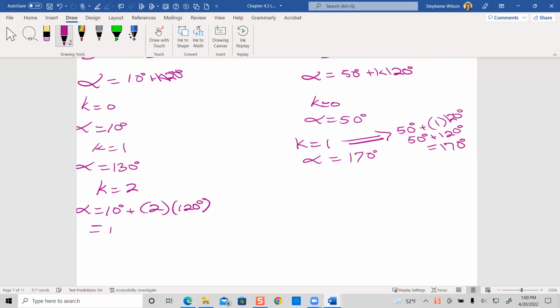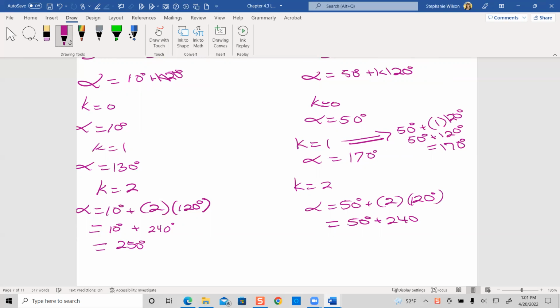All right, so now I got 10 degrees plus 2 times that 120, which gives me 240, and then we add it, and it gives me 250. Over here, we're going to let k equal 2, and alpha is equal to 50 degrees plus 2 times 120 degrees, which gives me 50 degrees plus 240 degrees, which is 290 degrees.